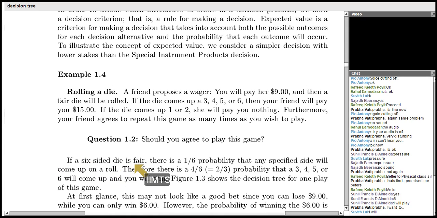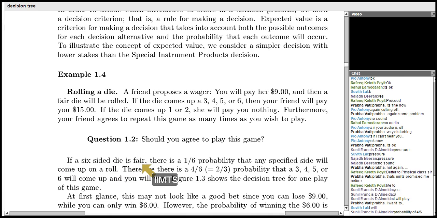Now, if a 6-sided die is fair, there is a 1/6 probability that any specified side will come up on a roll. So it's a fair die.